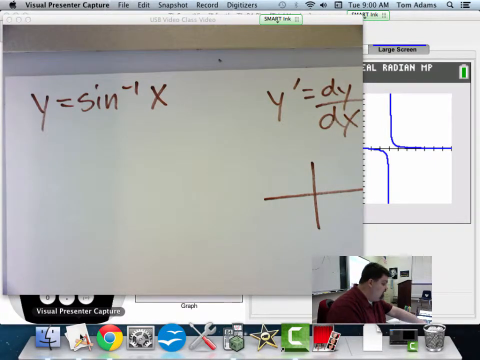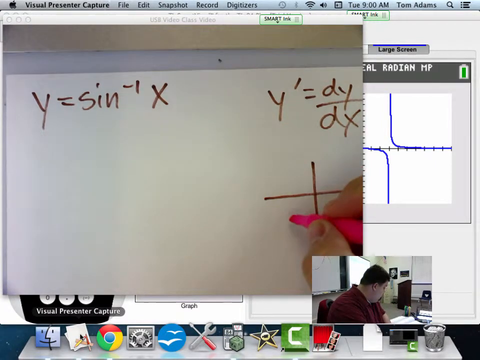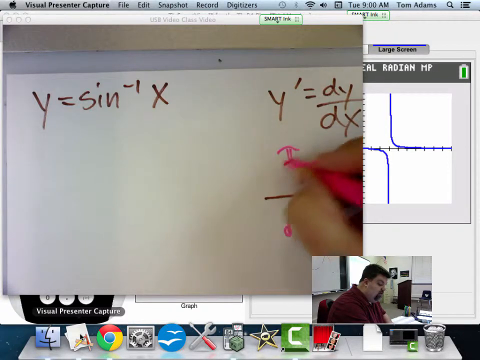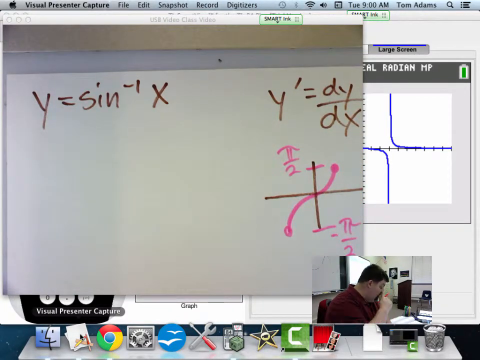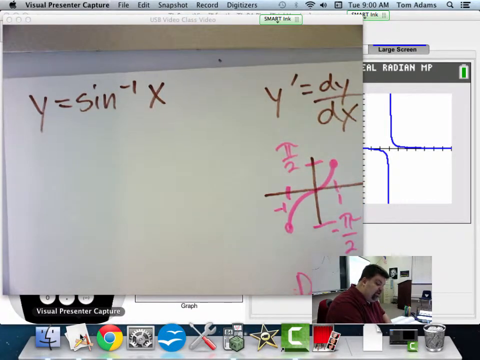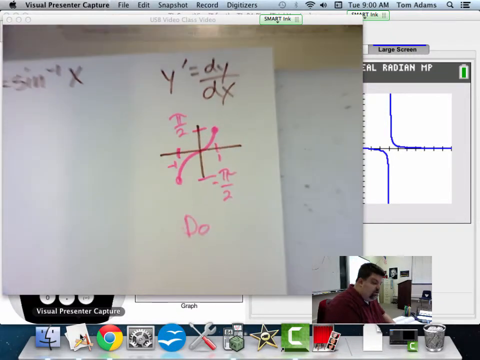Sine of x, or I'm sorry, the inverse of sine of x has a restricted domain, and it restricts the range as well. So the range goes from negative pi over 2 to pi over 2. And for the domain, it is negative 1 to 1. So the domain of this, let me zoom out a little bit here.